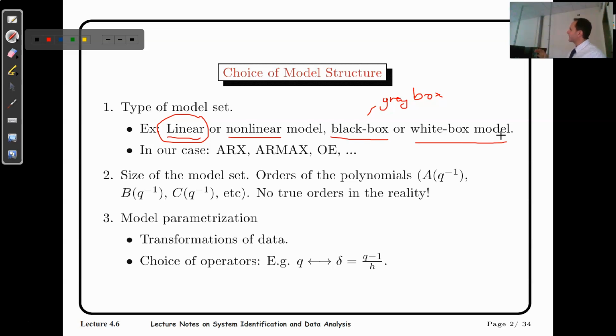It means that perhaps you know the order, for example, you don't know the parameters, but the structure is known. Black box, you don't know anything. White box, you know everything. In the middle is gray.